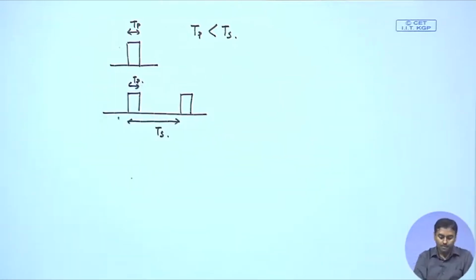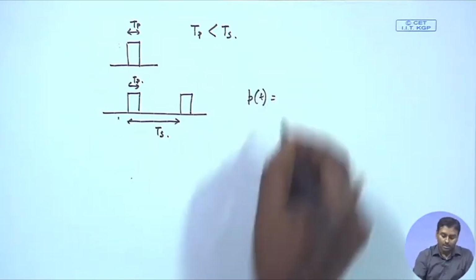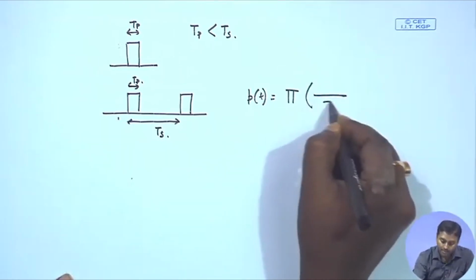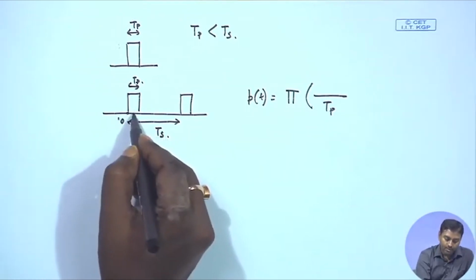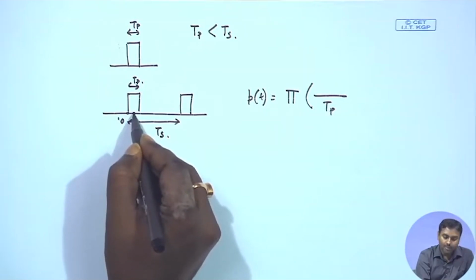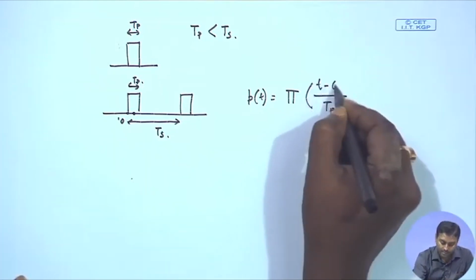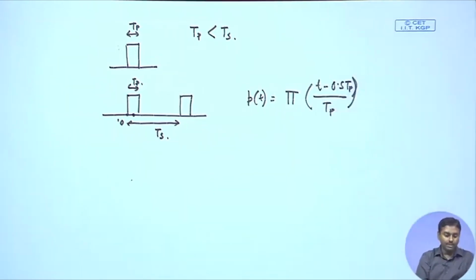So what is the corresponding p t? That is actually a box function of duration T p. Because I take this as 0, the box function must have its central point shifted, so there is a 0.5 T p shift. So I can write this as t minus 0.5 T p. So that is my p t.